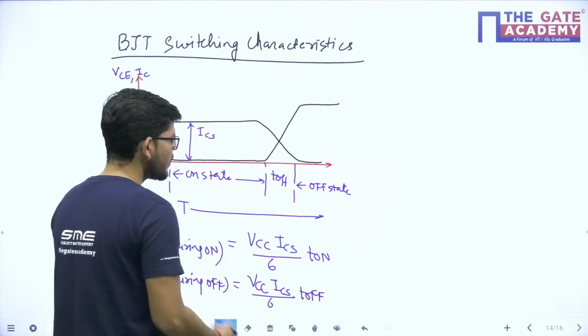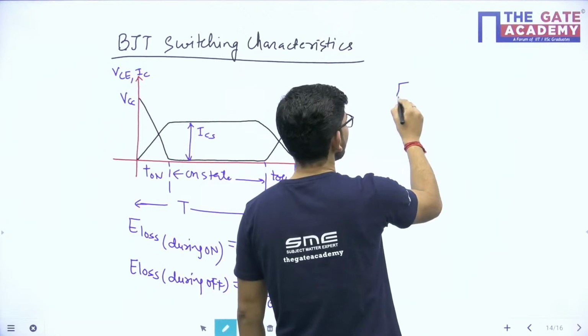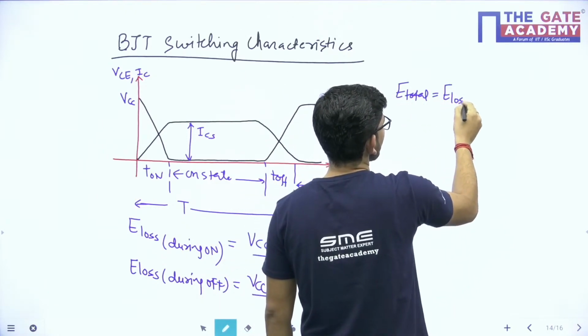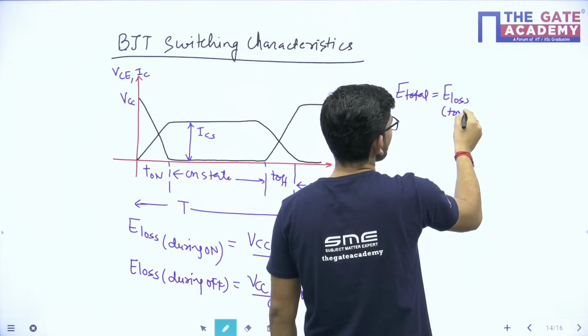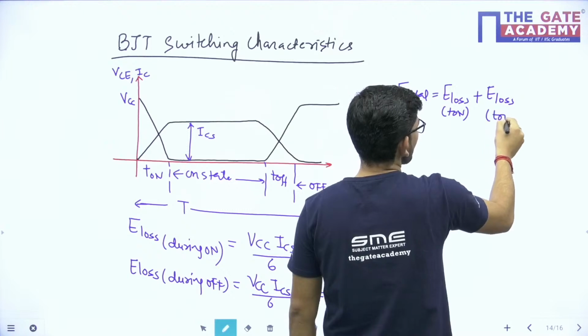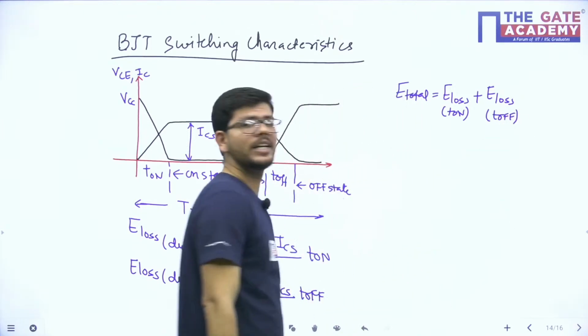So what will be the total losses? E total will be E loss during on time plus E loss during off time. So this will be the total E loss.